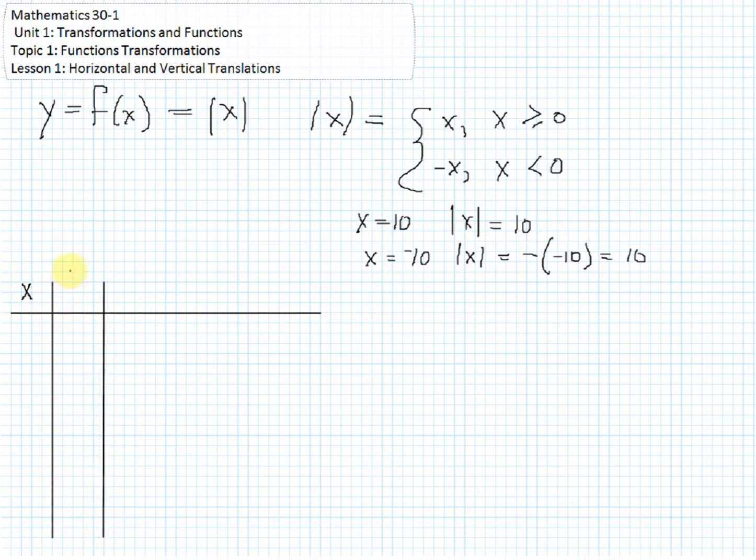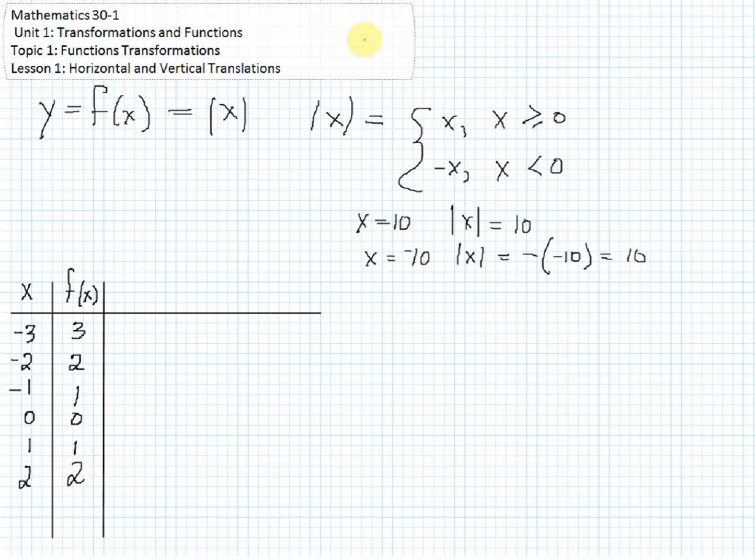We're going to set ourselves x values of negative 3, negative 2, negative 1, 0, 1, and 2. And our absolute values are our f of x. So if I throw a negative 3 in, I come out with the positive value, 3. Throw in a negative 2, come out with 2, and so on. We are always pulling out the positive value, regardless of the sign of the value that goes in.